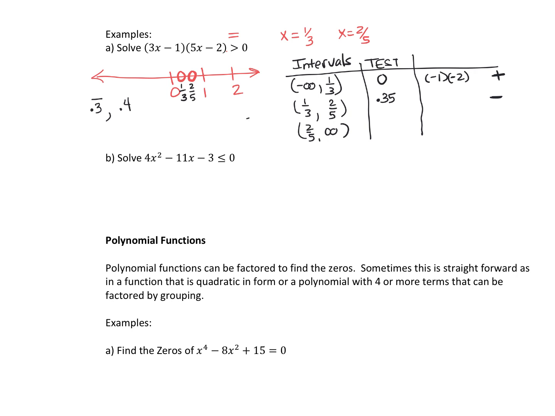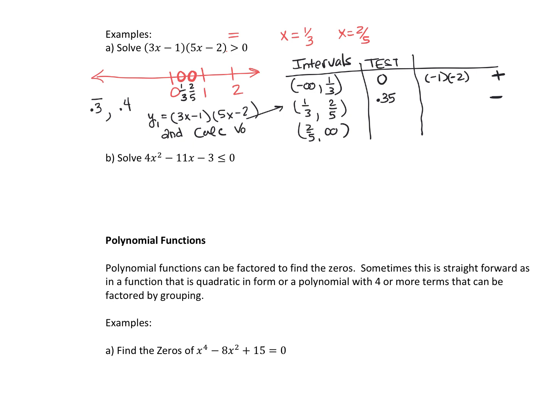And FYI, one nice way to do this is if you put this piece here into y1, and then use second function calculate, you can plug these values in and decide right away if they're positive or negative.